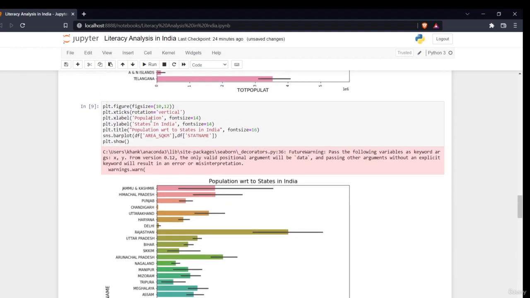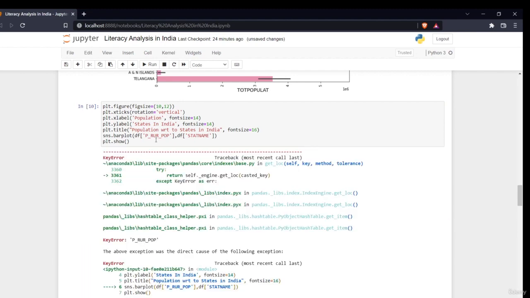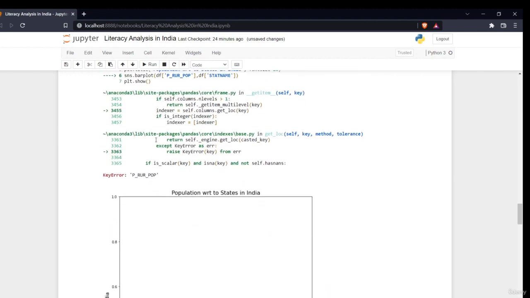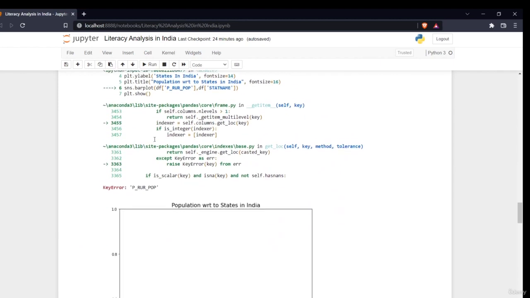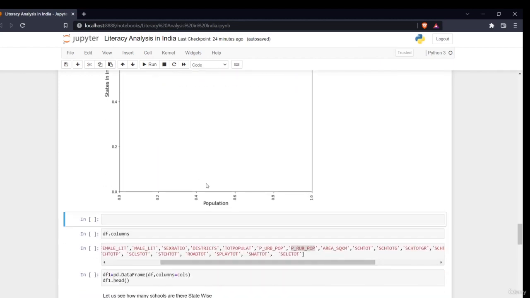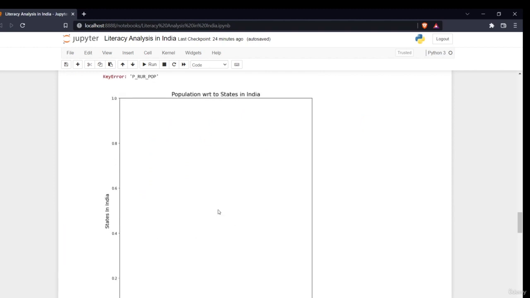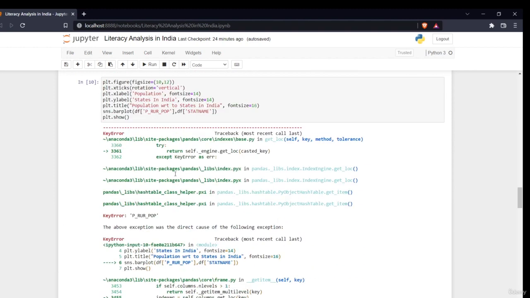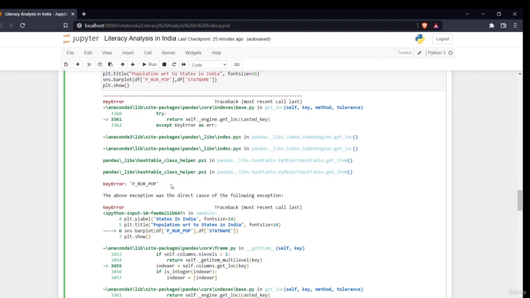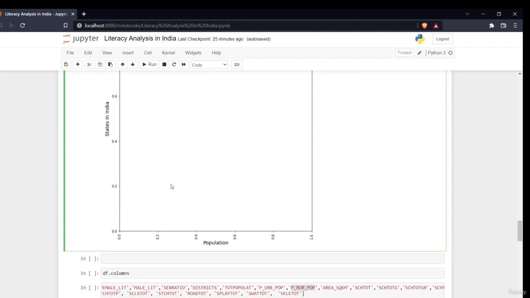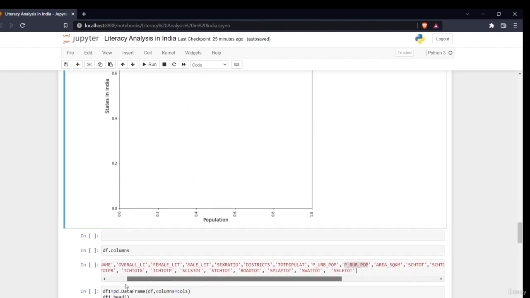Our population, we are seeing that RPOP is not showing me. I don't know why it is not showing, because it should be there. Maybe some word or something. But these are the different columns. Okay, we'll see in the next row.